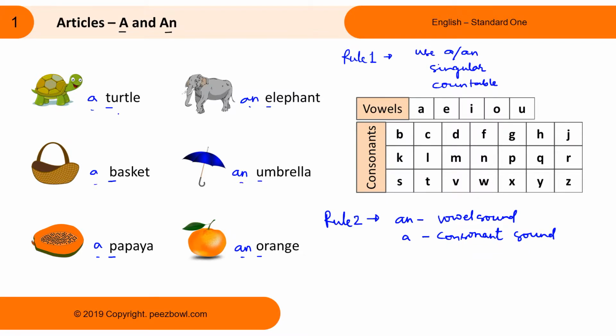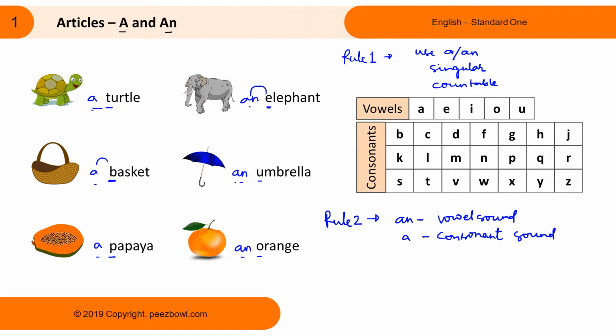In turtle, its first letter sounds like ta, that is T. So we have used a. In elephant, the first letter sounds as a vowel. So n is used before elephant. Basket starts with sound like b. So a is used because it is sounding like a consonant.